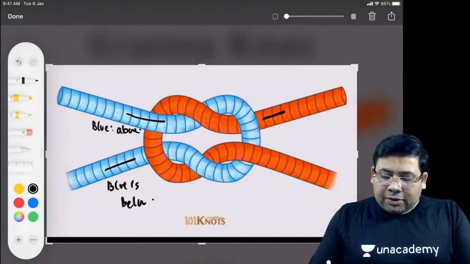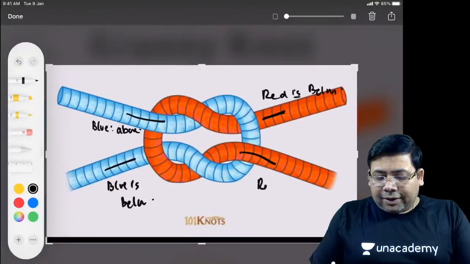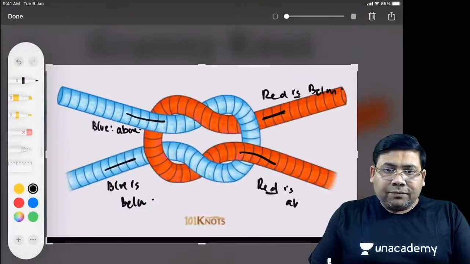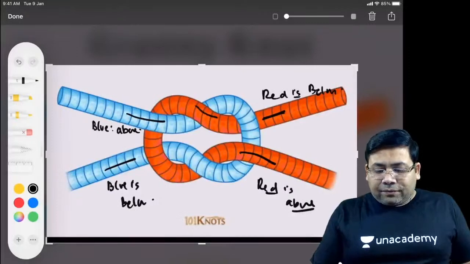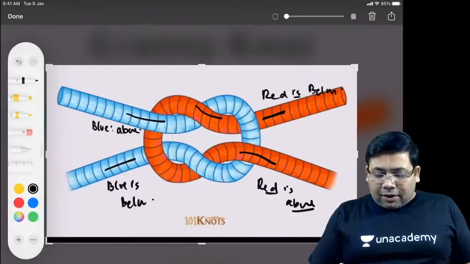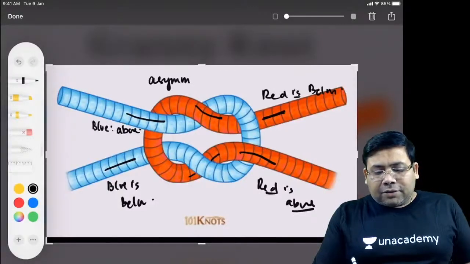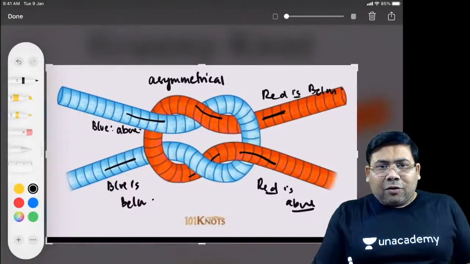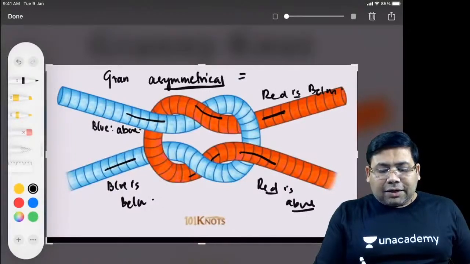Here the red is below, and here the red is above. So, tell me, is it symmetrical or asymmetrical? The red is above and here the red is below. So this is an asymmetrical knot. This is a Granny's knot.